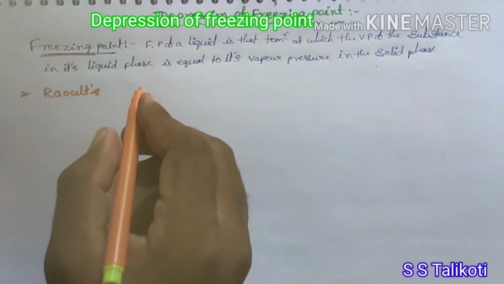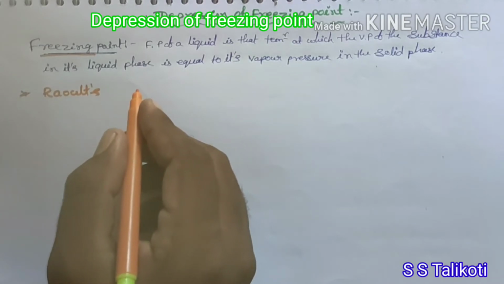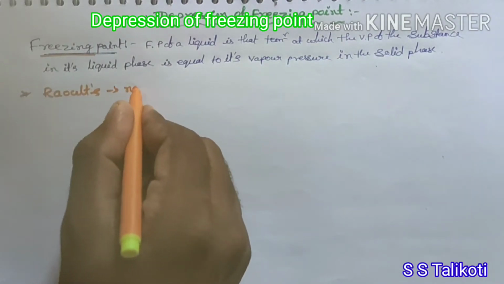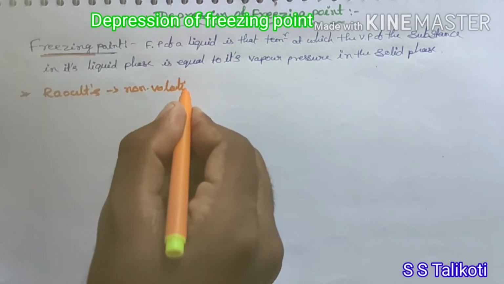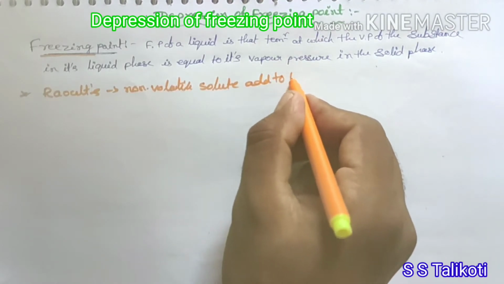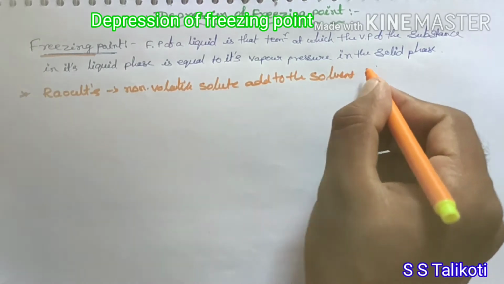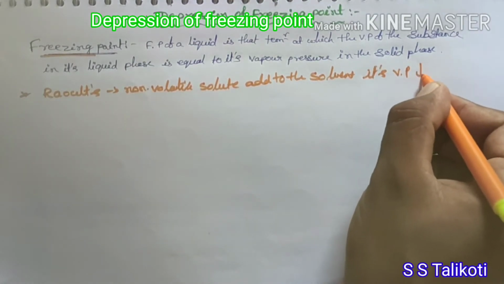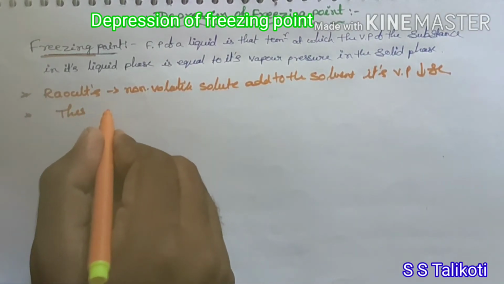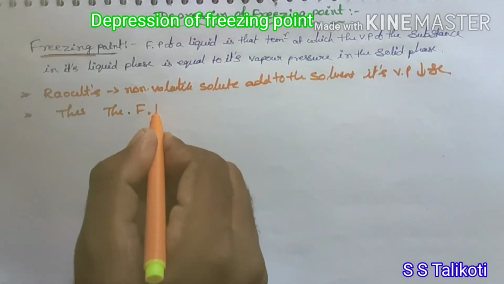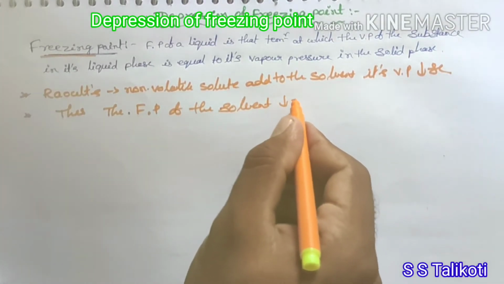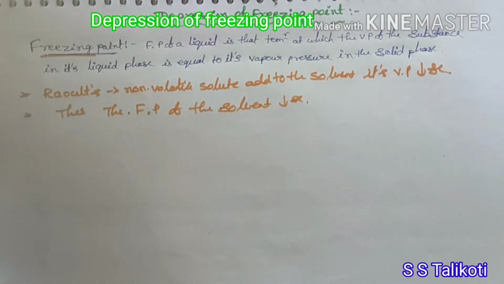What Raoult's law tells is that when a non-volatile solute is added to the solvent, its vapor pressure will decrease. Then from this we conclude that the freezing point of the pure solvent will decrease.